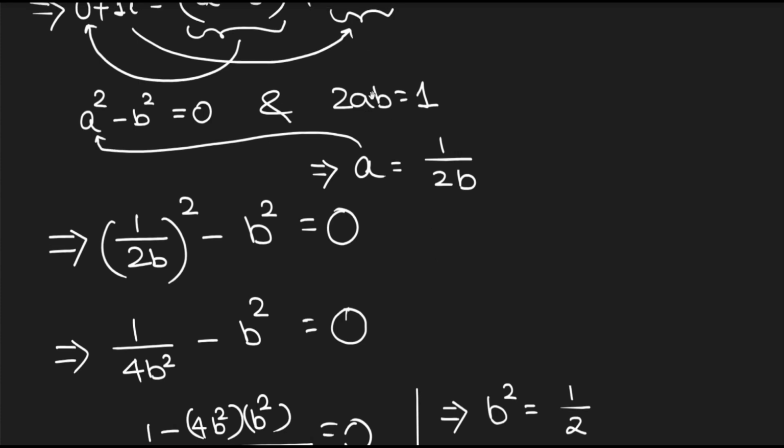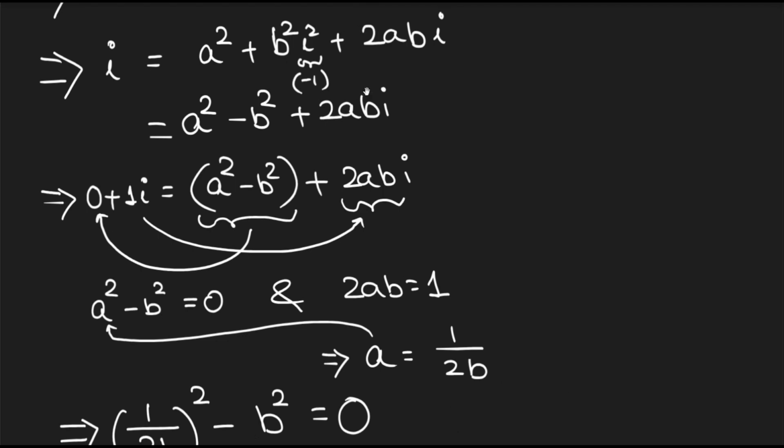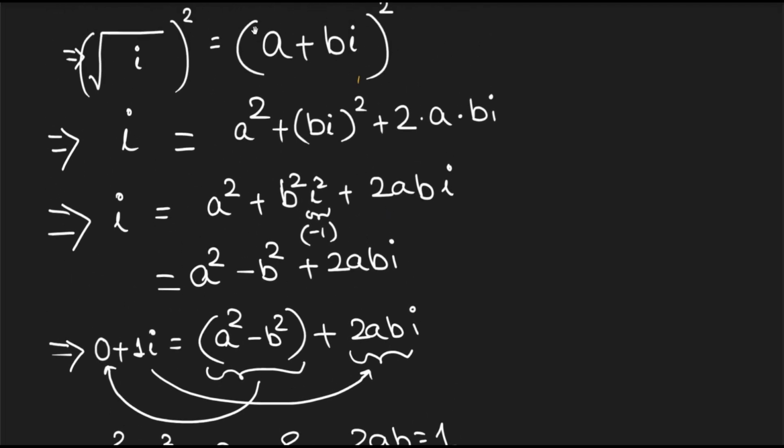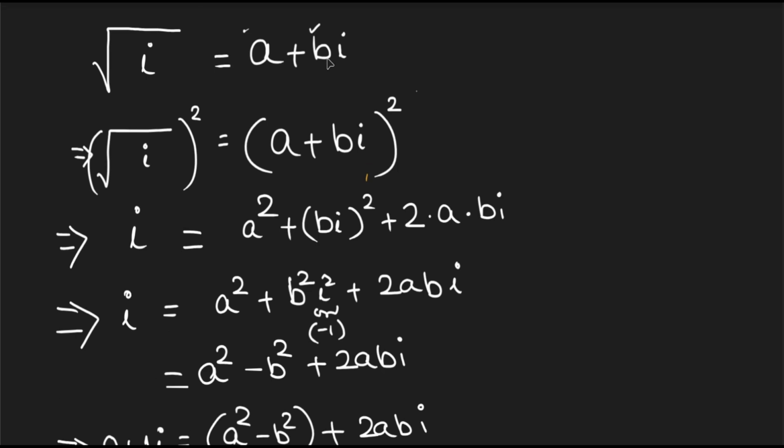Hence, as we have already considered that square root of i is equal to a plus bi, now we need to replace the values of a and b.